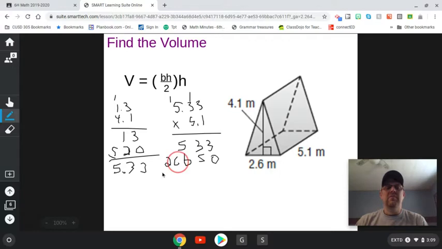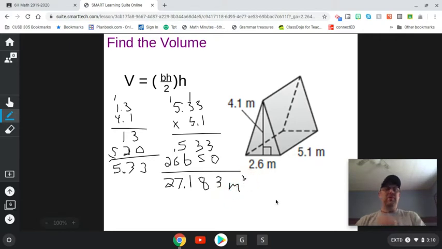Okay, so you have, add this up, we have 3, we have an 8, that's 11, carry the 1, that's 6 plus 1 is 7, and then 2. We have 2 places out decimal point here and 1 here, so that makes 3 totals. We go over 1, 2, 3. My answer is going to be 27 and 183 thousandths meters cubed.